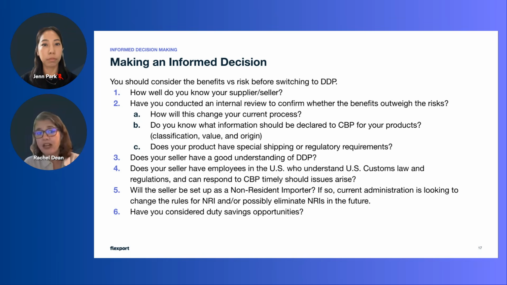And if there is a change in regulations that affect who can act as a non-resident importer, or if they get rid of it altogether, how's that shakeup going to affect your operations? So when we're talking about shifting Incoterms, if you're thinking about DDP, have you also considered other duty saving opportunities? So with that, I'm going to let Jen jump into the next slide here.